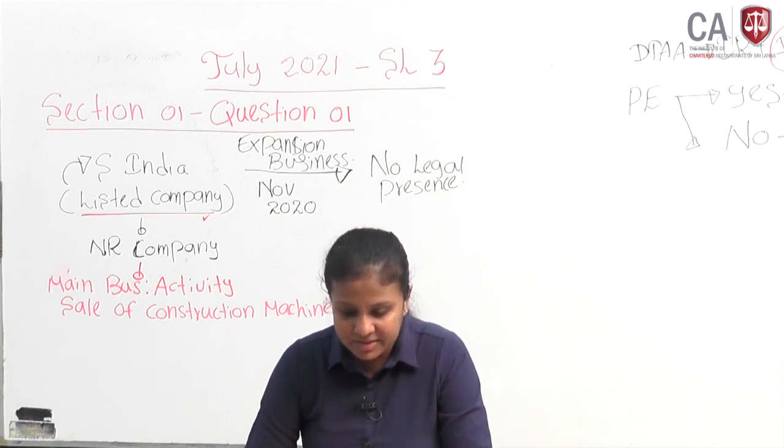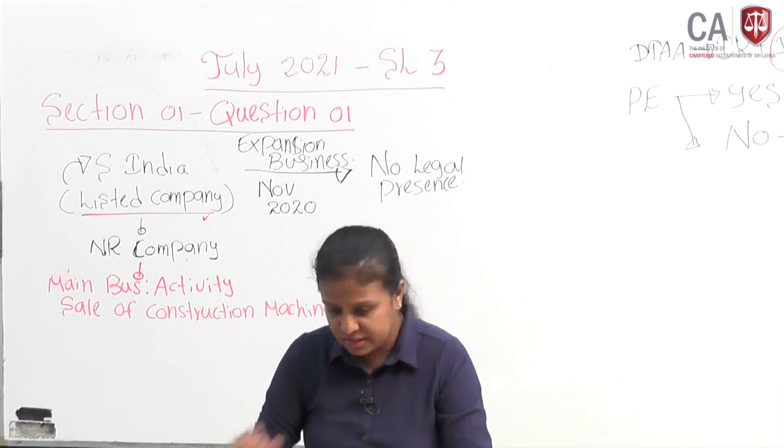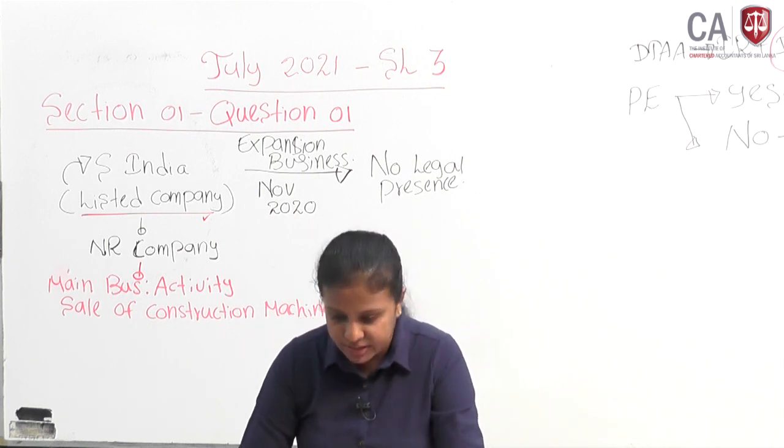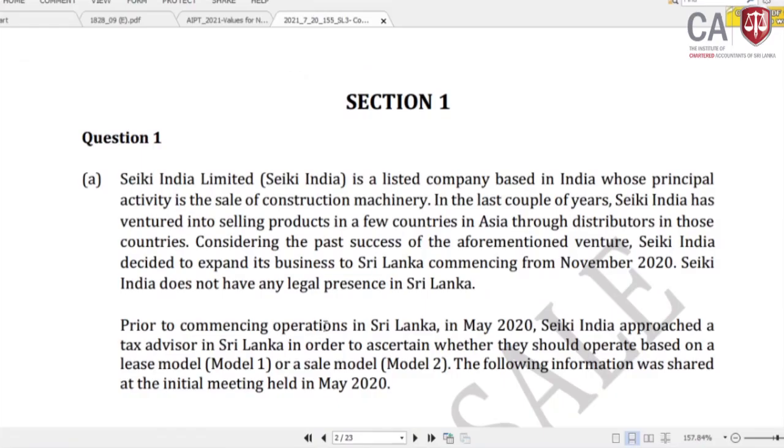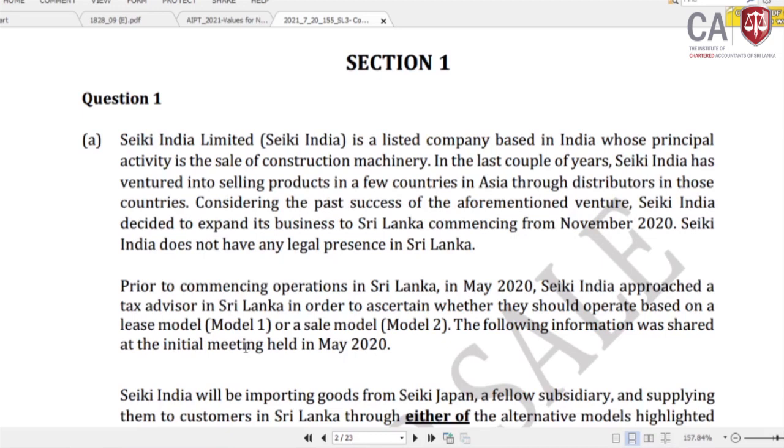Then prior to commencing the operations in Sri Lanka, in May 2020, Seiki India approached a tax advisor in Sri Lanka in order to ascertain whether they should operate based on a lease model. There are two models, lease model or sale model. You are the tax advisor, you have to evaluate that too.